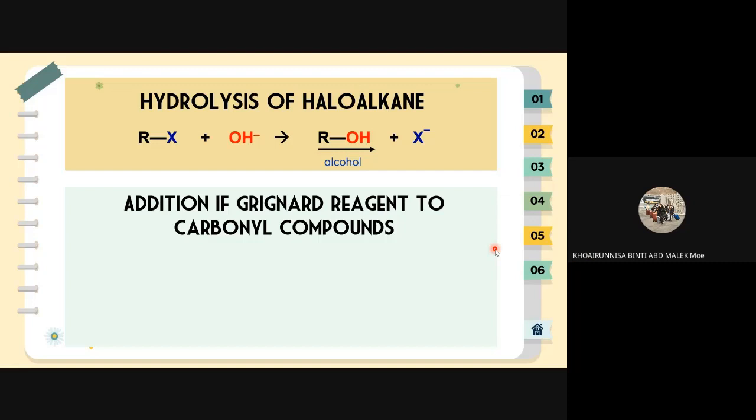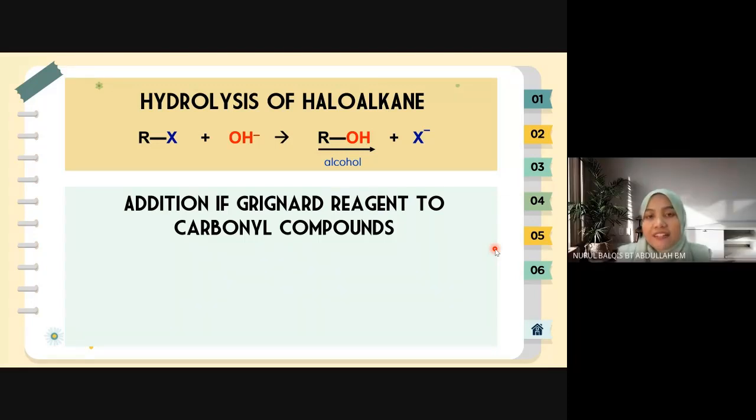More than one, namely primary, secondary and tertiary. If you want to form secondary alcohol, the Grignard reagent should react with which carbonyl compound? Aldehyde. Can you tell me the name of the first aldehyde we can start using? Can you use the aldehyde with only one carbon to form secondary alcohol?